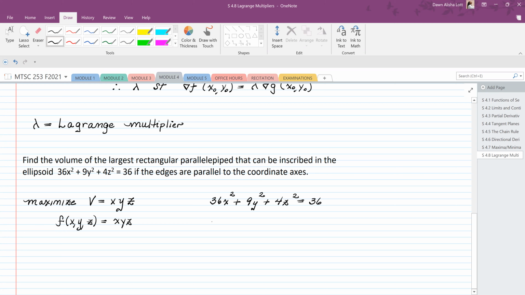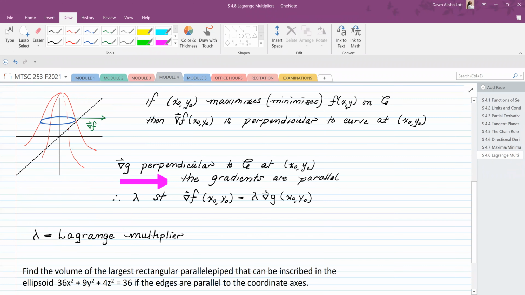So that looks to me like g of x, y, z is 36x squared plus 9y squared plus 4z squared, and that is equal to 36. So g of x, y, z is a constant. It's set up just like I need it to be.